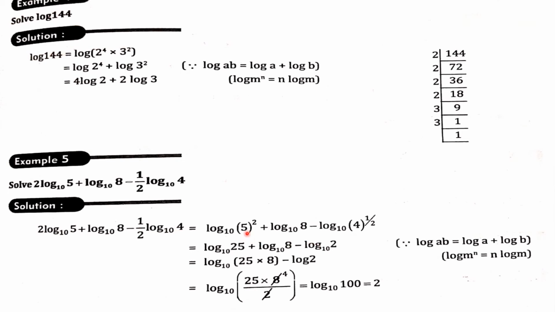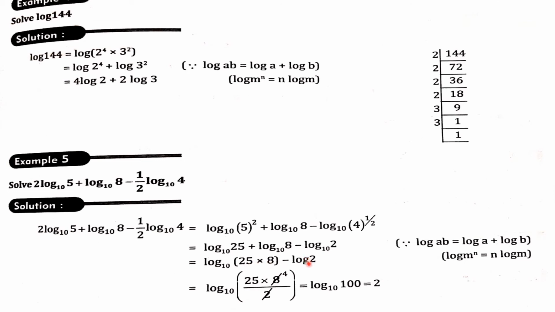So log 5 square is 25 base 10 plus log 8 to the base 10 minus, here if you cancel, 2 1s are 2, 2 2s are 4, so log 2 to the base 10. Whenever you have log A plus log B, it's nothing but log A into B. So log base 10 of 25 into 8 minus log 2.